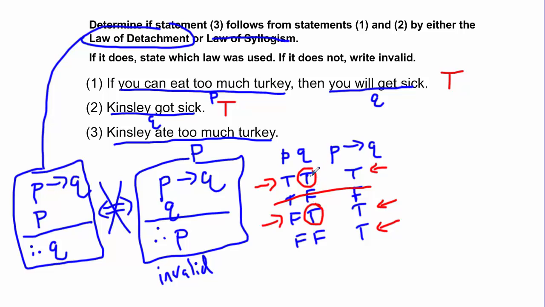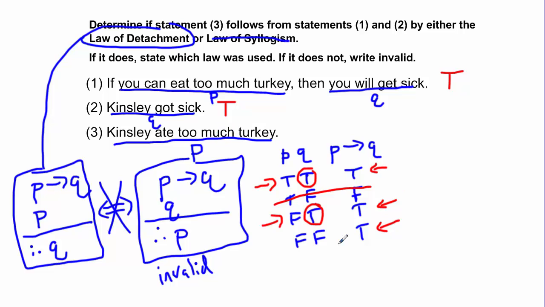So since there are two different possibilities, then we don't know that Kinsey ate too much turkey. It could be true or it could be false, right? It could be true that Kinsey ate too much turkey and that's why she got sick, or it could be false that she ate too much turkey. She could have gotten sick for another reason.